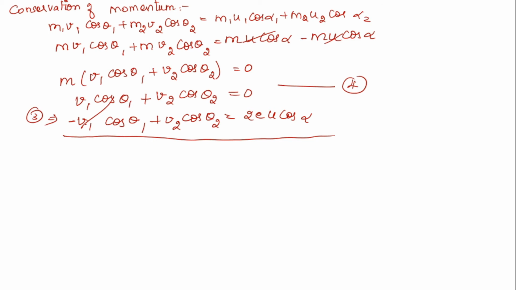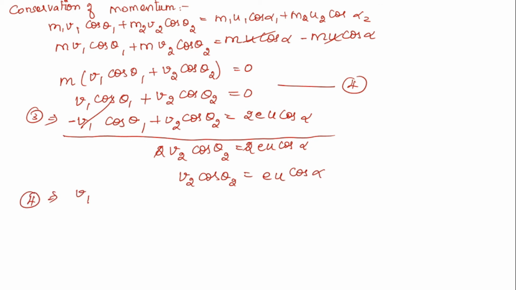When you add these two equations together, it will be 2 v2 cos theta 2 equal to 2eu cos alpha. 2 and 2 will get cancelled. So v2 cos theta 2 is equal to eu cos alpha.